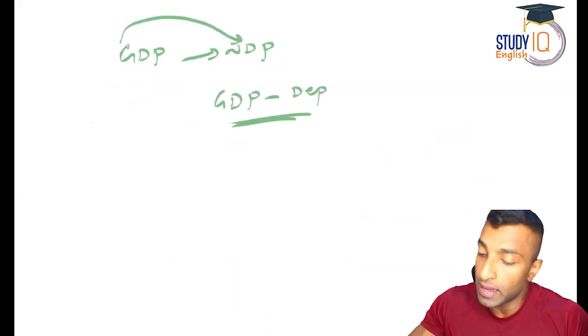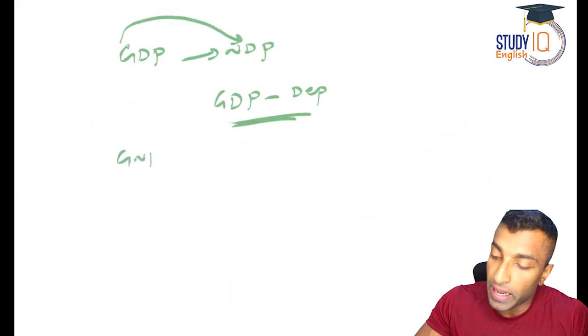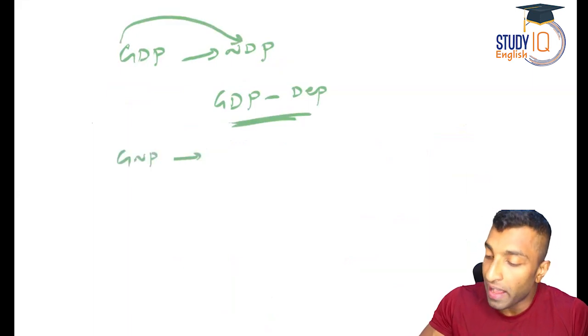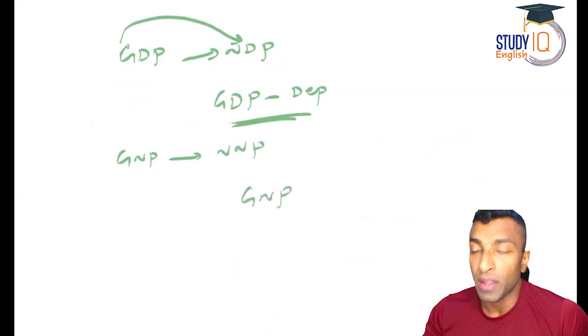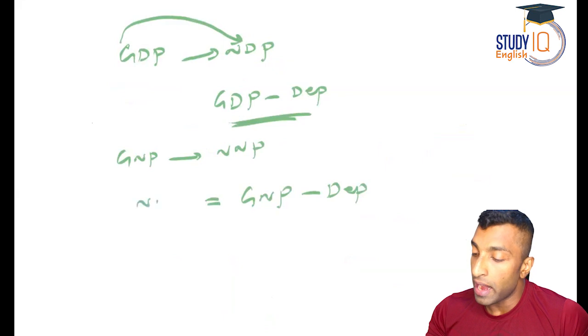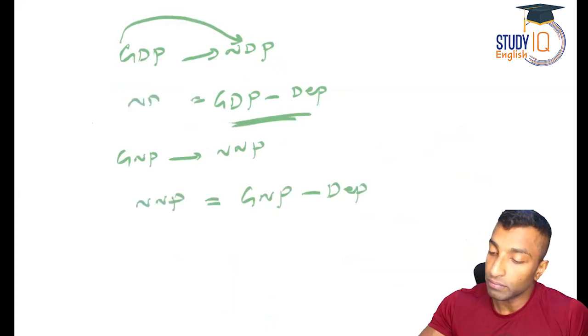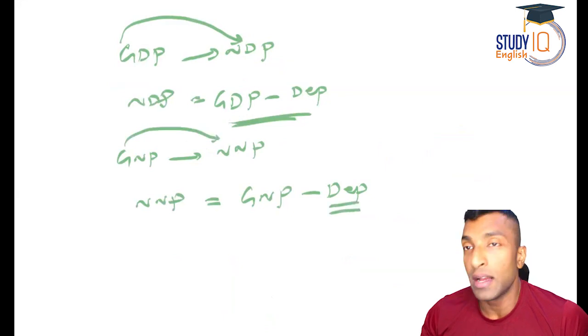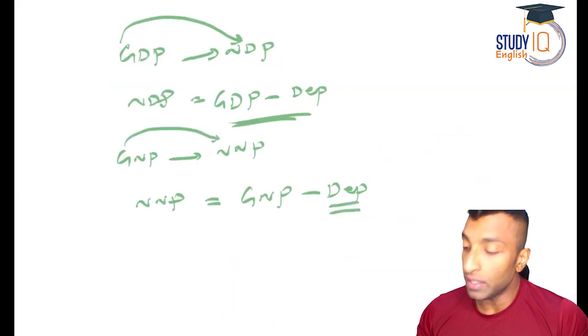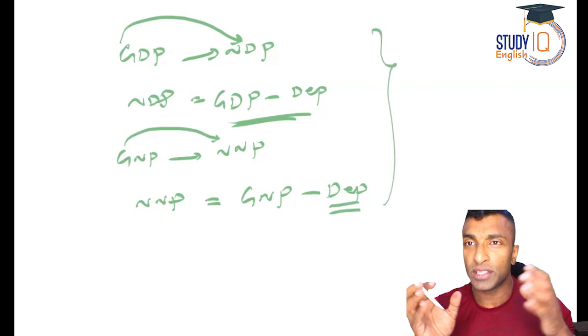That's it. Similarly, GNP, I want to get NNP. What I will do, GNP minus depreciation, I will get NNP. So what I'm doing is changing the first letter. For that, I need to adjust it with the depreciation. So I hope this is clear.